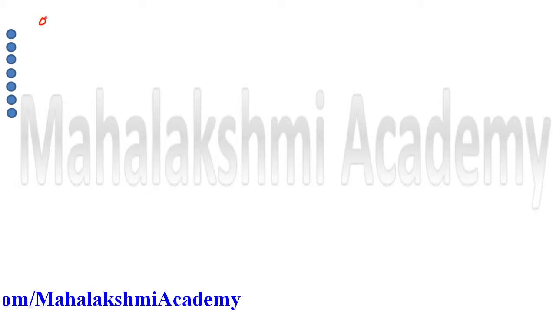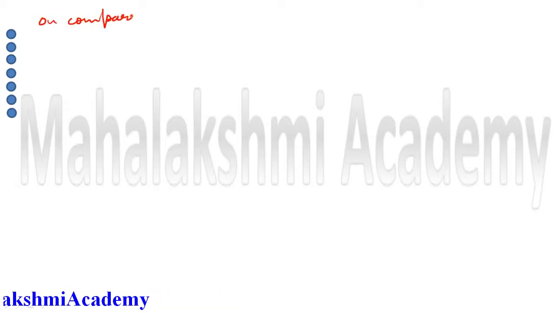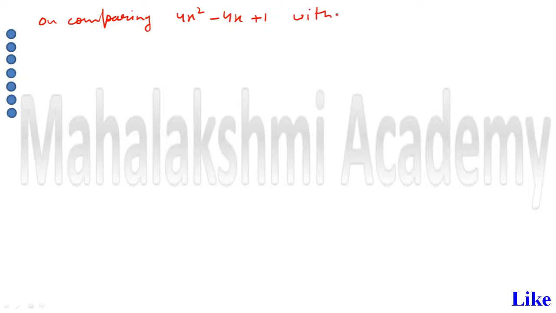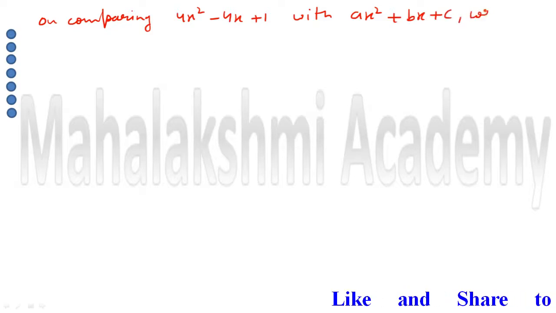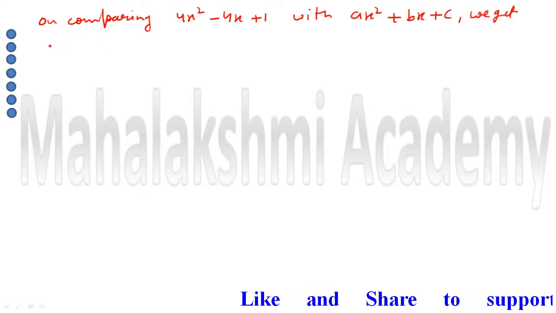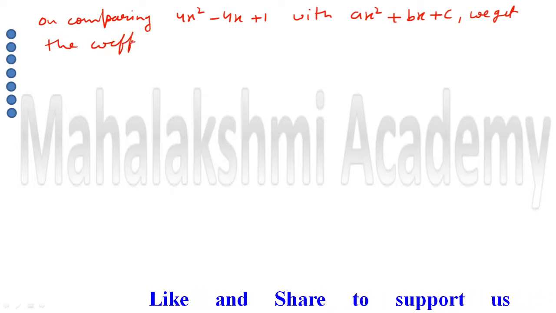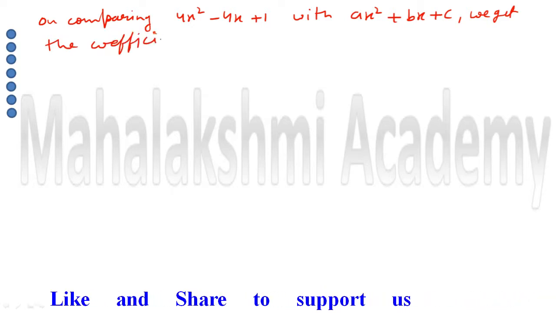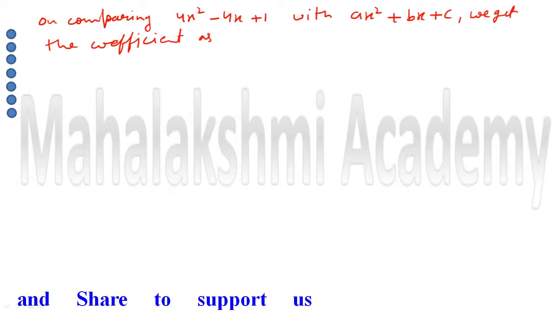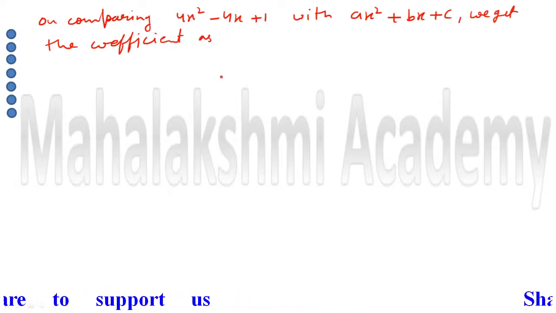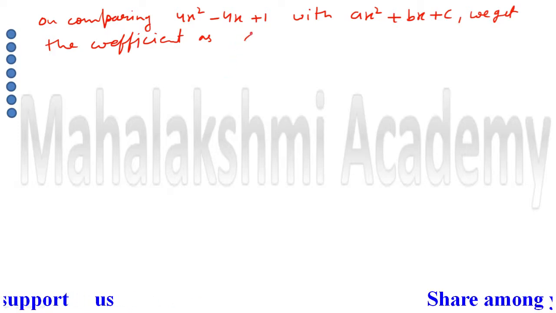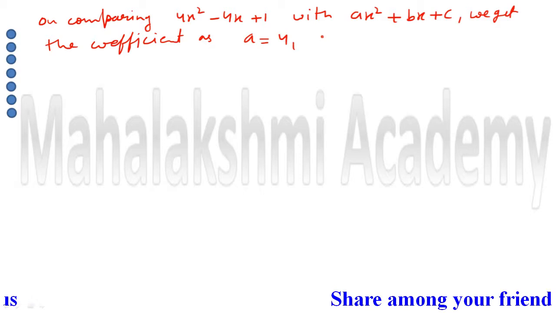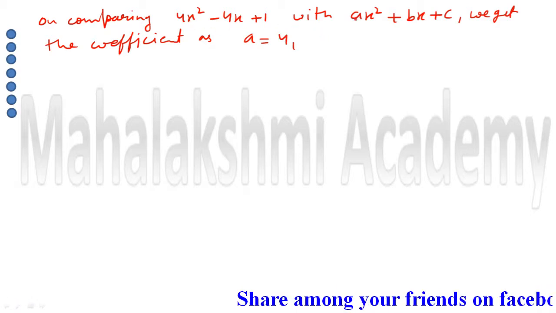So we will write down here, on comparing 4x square minus 4x plus 1 with ax square plus bx plus c, we get the coefficients as, first we see here a is equal to 4, because a is the coefficient of x square.